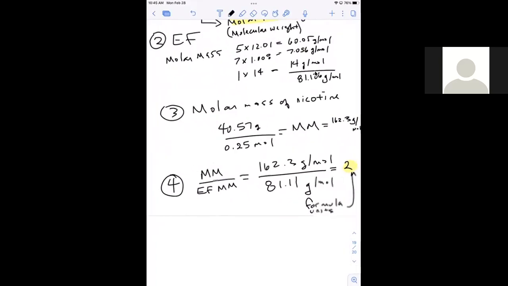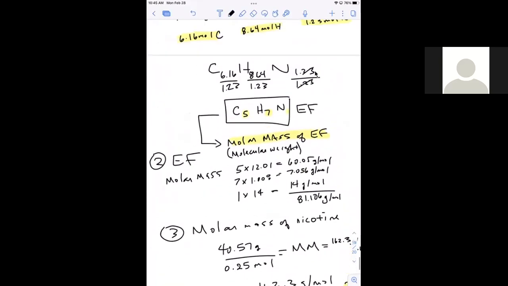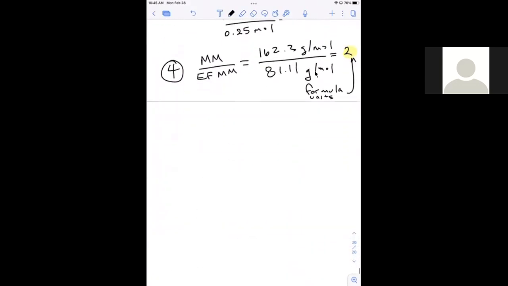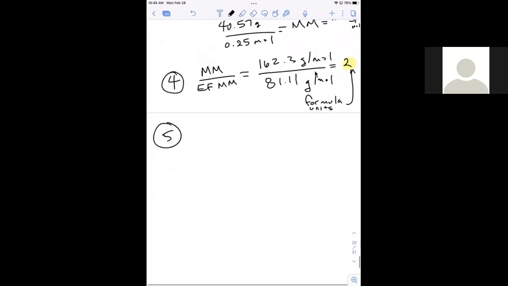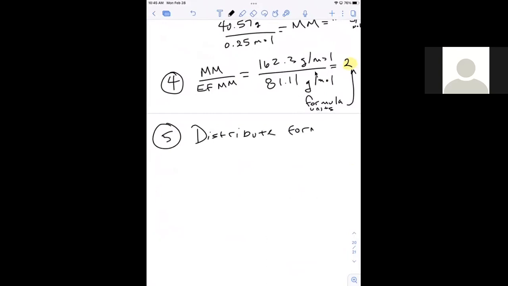So all we're going to do now, we know what the empirical formula is. That's the final step: to distribute the number of formula units through the empirical formula. So we're going to take that, what was it, C5H7N? Is that right?